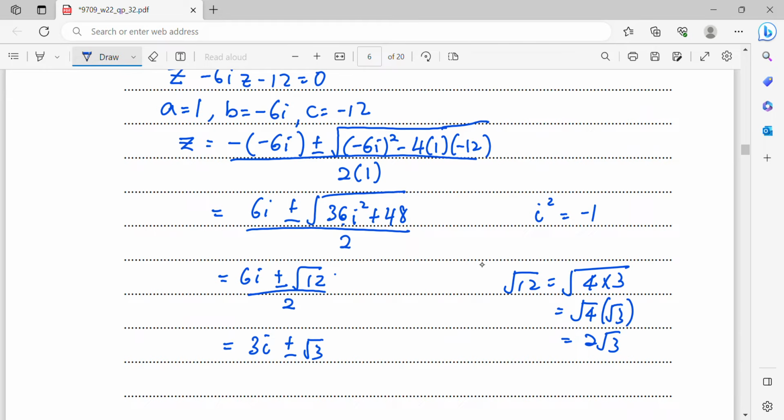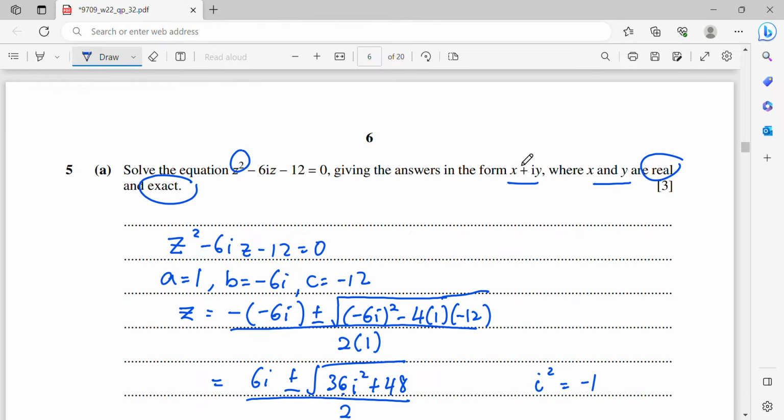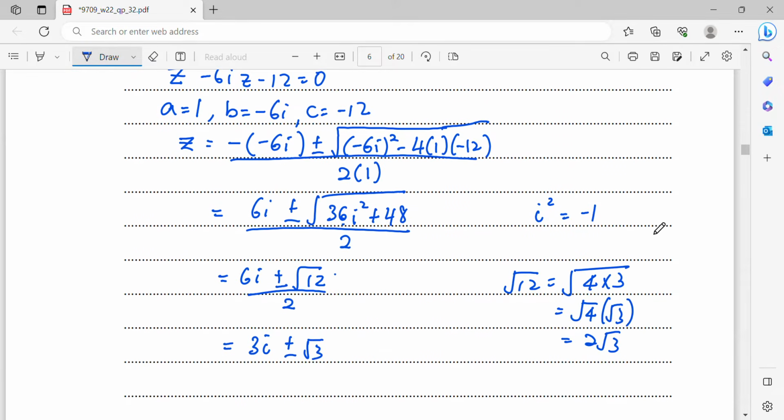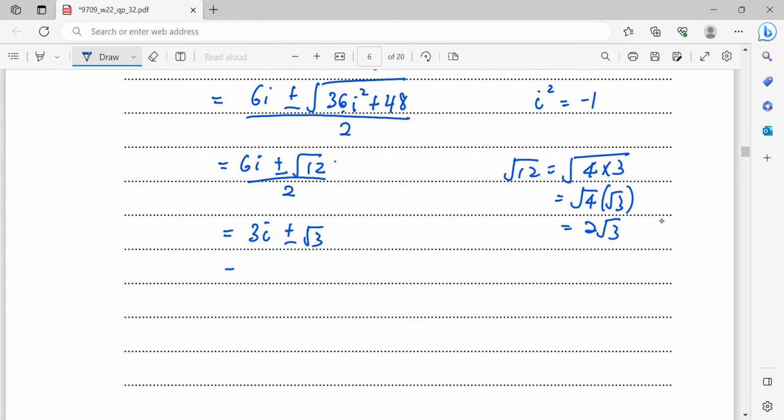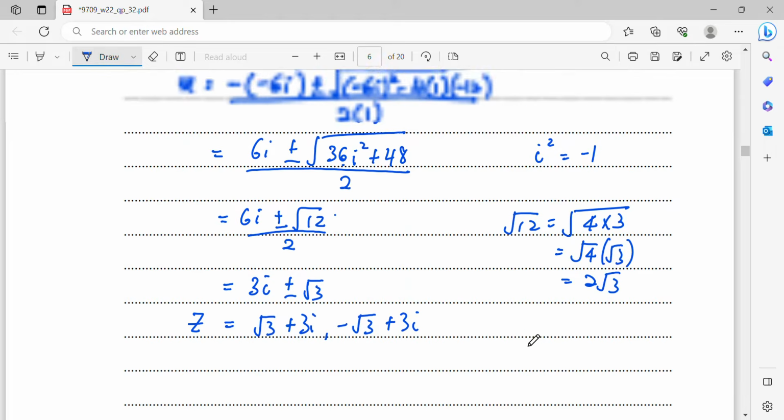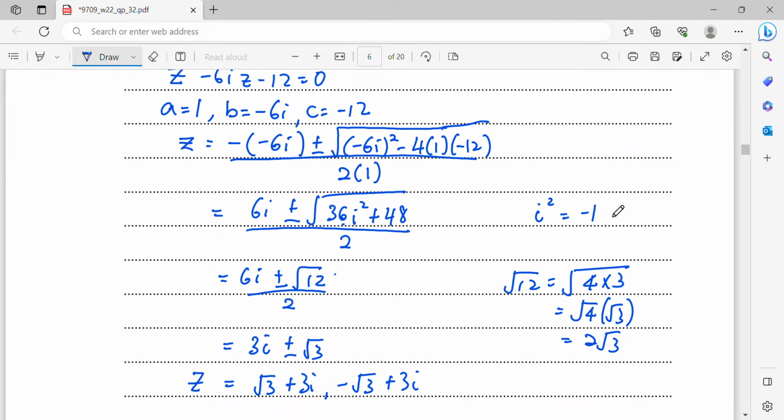Normally we will leave our answer in x plus iy form, meaning the real part first. So I will write plus square root 3 plus 3i, or the other one is negative square root 3 plus 3i. So these are the two roots for this quadratic equation.